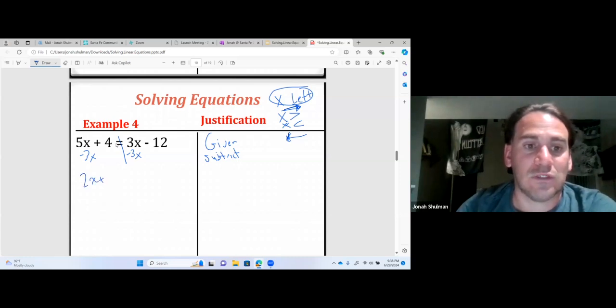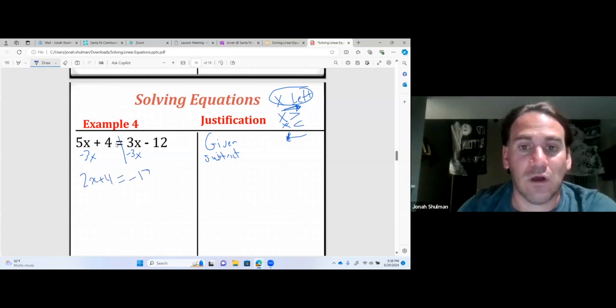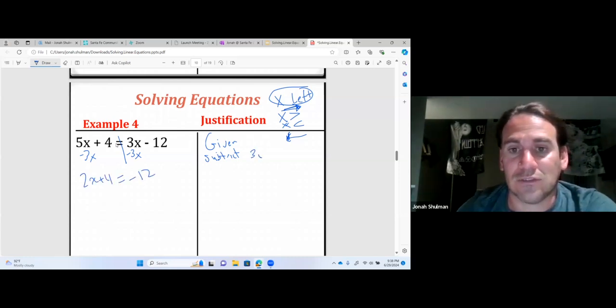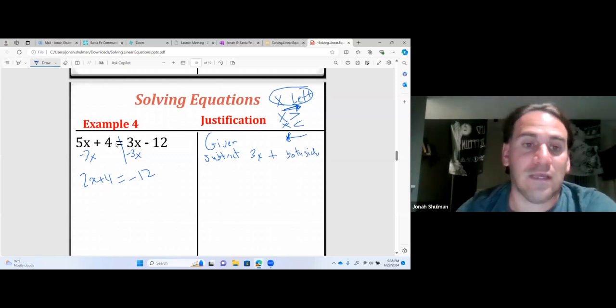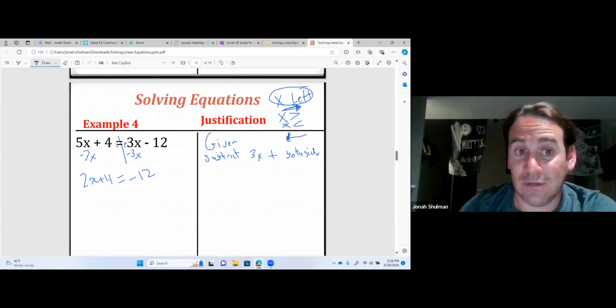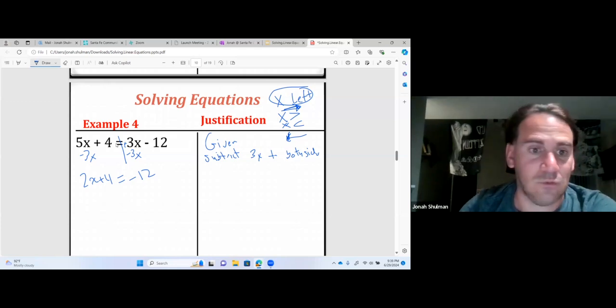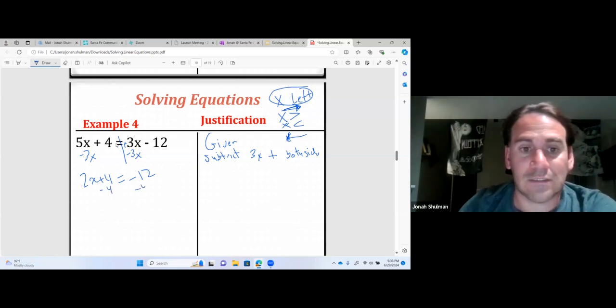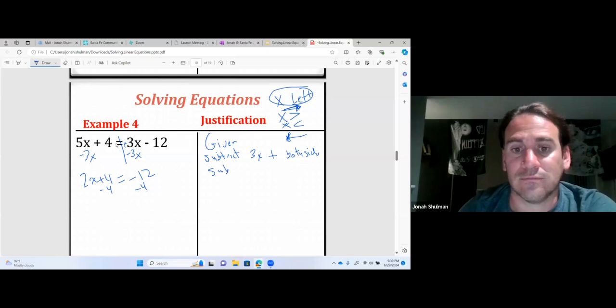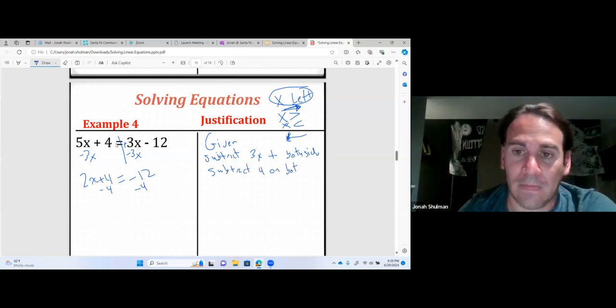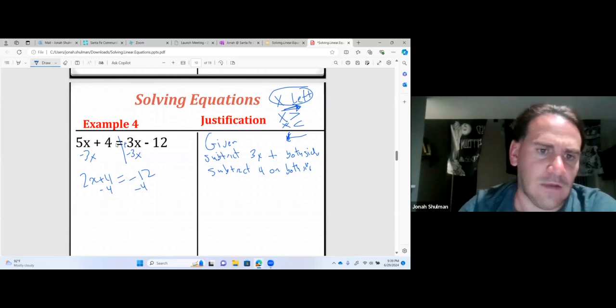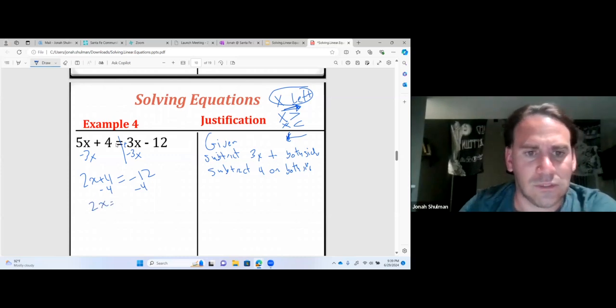So I'm left with 2x plus 4 equals negative 12. Subtract 3x to both sides. Or you can say the inverse, it's really the inverse operation of addition, what we're doing. We're subtracting 4 on both sides. So I have 2x equals negative 16.